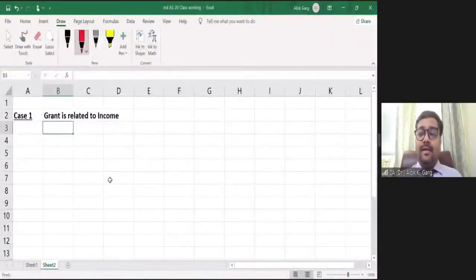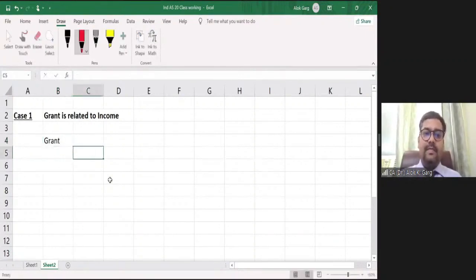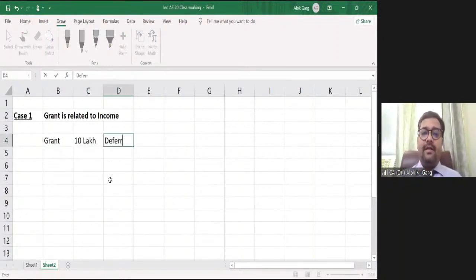So if the grant is related to income, for example, the government has given a grant related to expense, and the value of the grant is 10 lakh rupees. Okay, so this is a deferred grant.